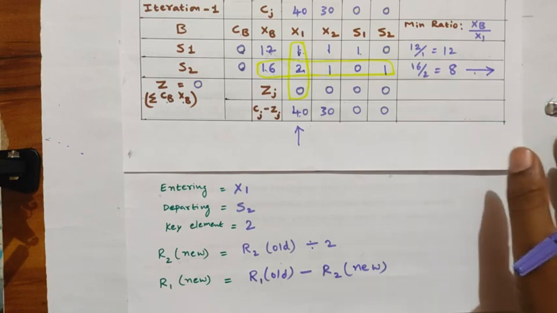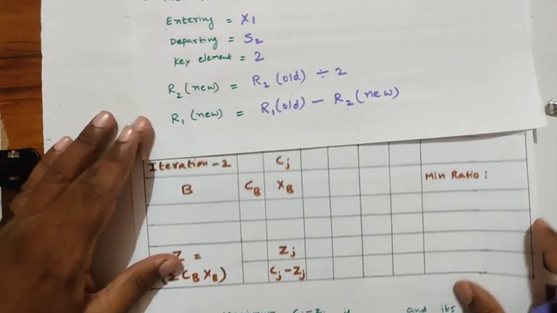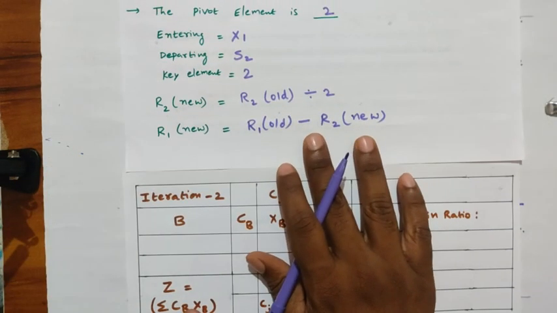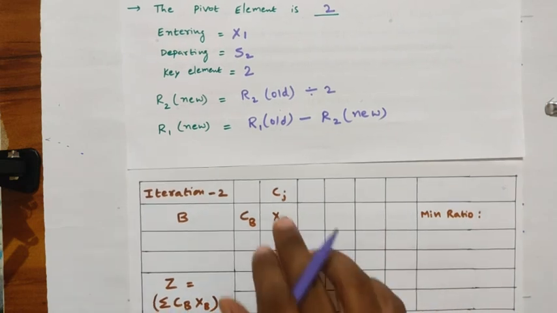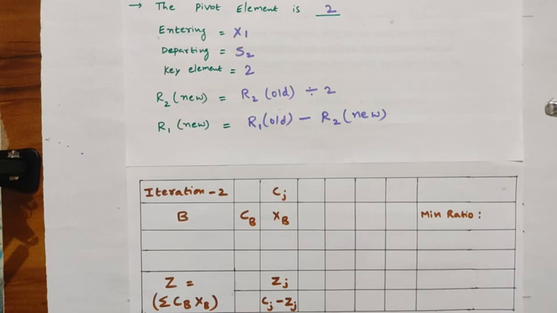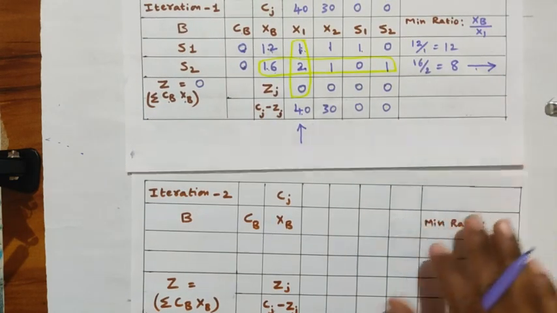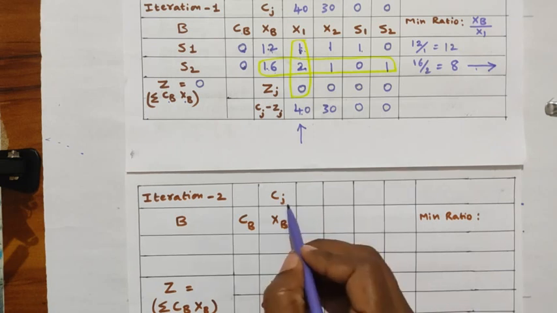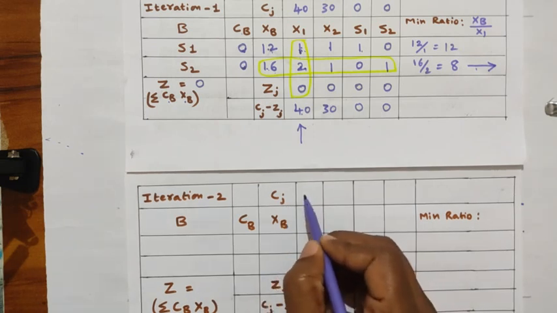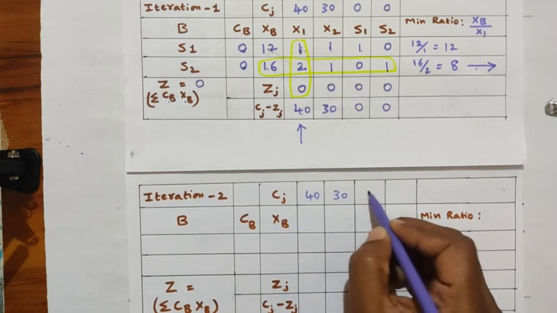Now I will write the iteration 2 table. Here the Cj values will be the same, similar to the first iteration table. So Cj values are the same: the coefficients of the objective function, 40, 30, 0 and 0.